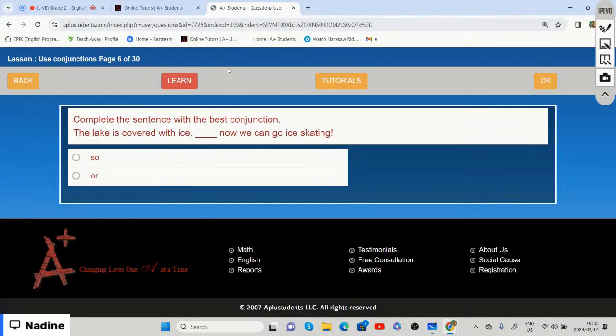And we need to complete our sentence with the base conjunction. The lake is covered with ice. So we can now go ice skating.